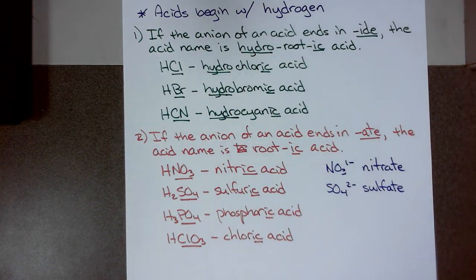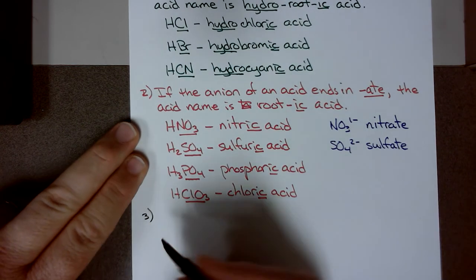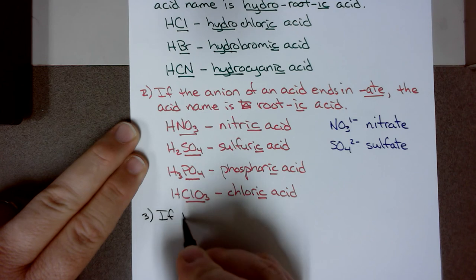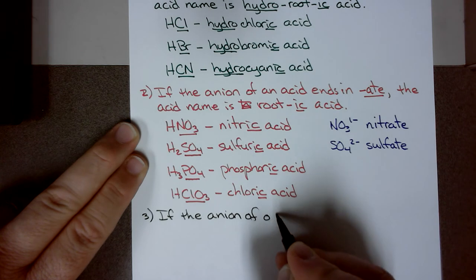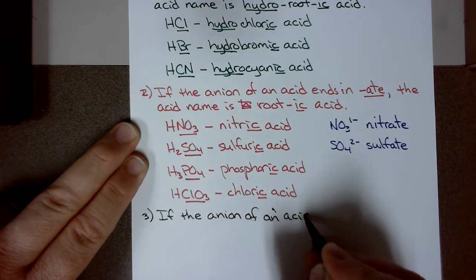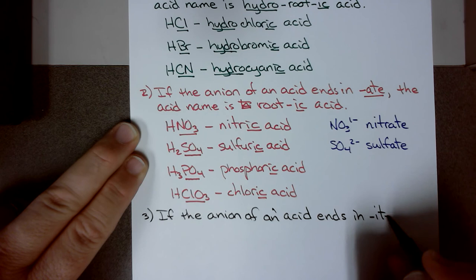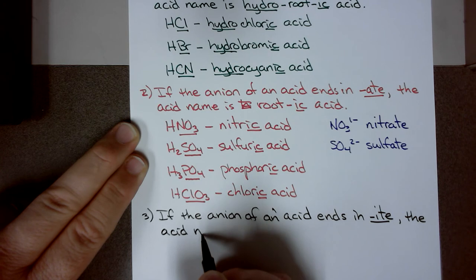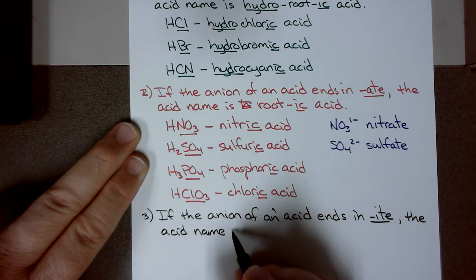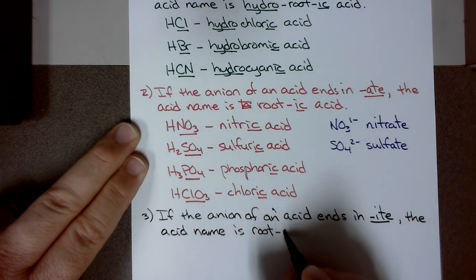Now the last rule is number 3. That would be if the anion of an acid ends in ite, the acid name is the root word of the anion ending in ous.